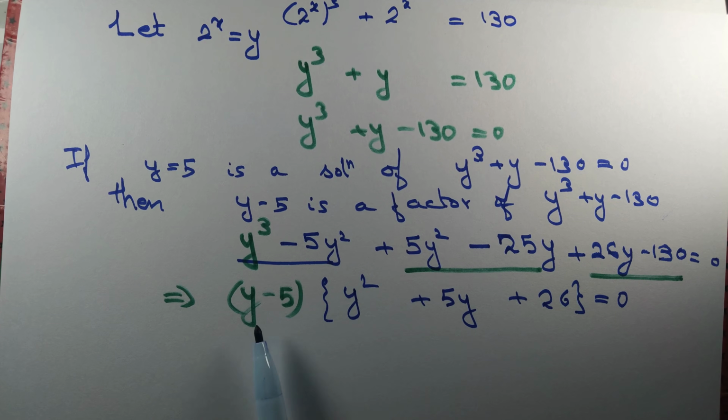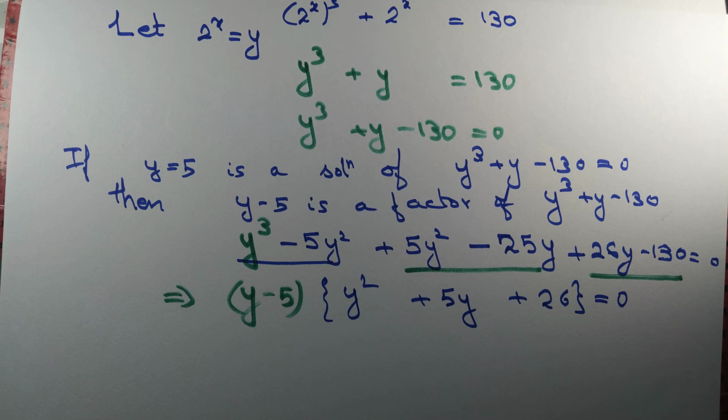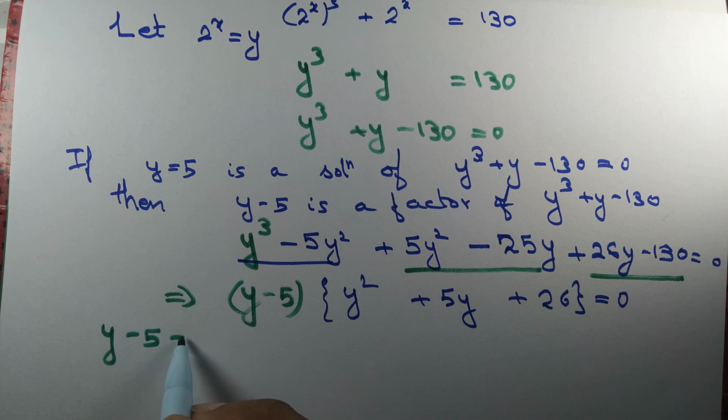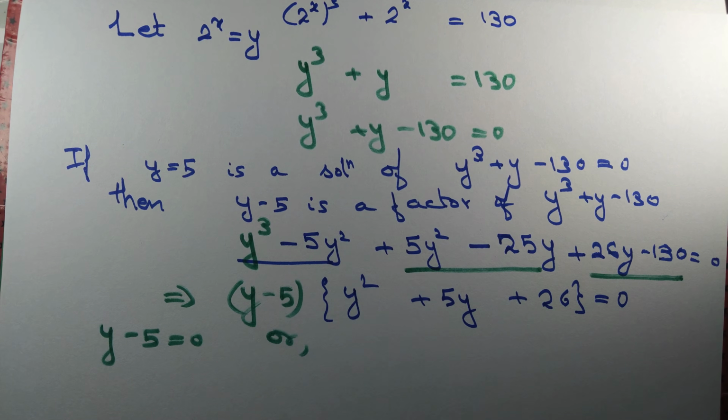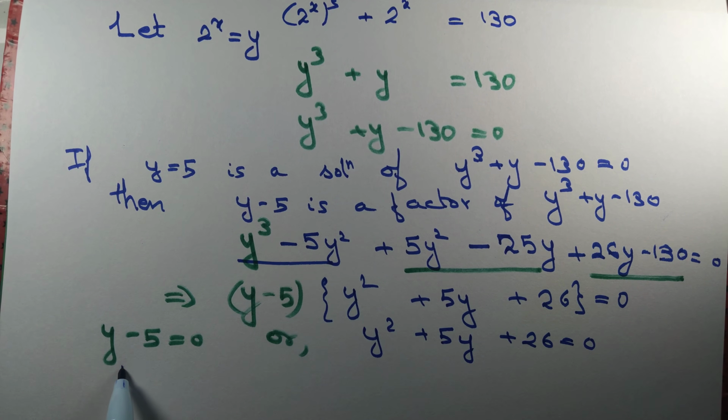Maybe both are 0, but we don't know which one is 0. So y minus 5 equal to 0 or y square plus 5y plus 26 equal to 0. If y minus 5 equal to 0, then y equal to 5.